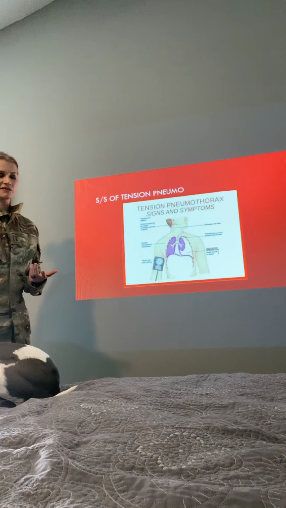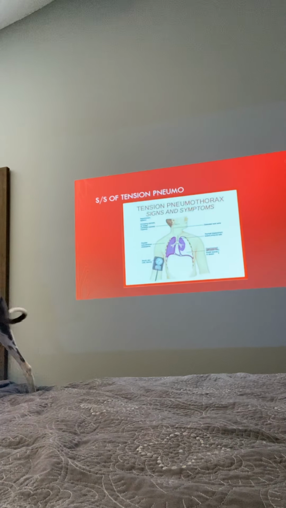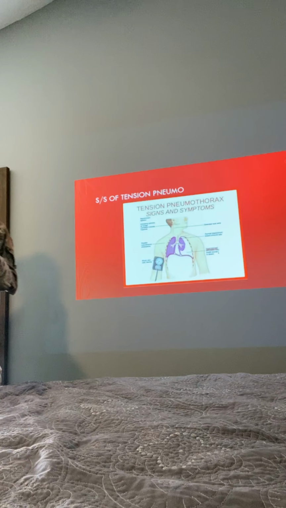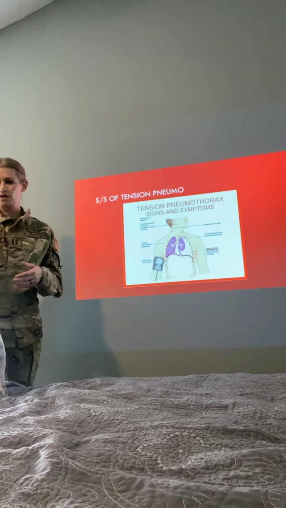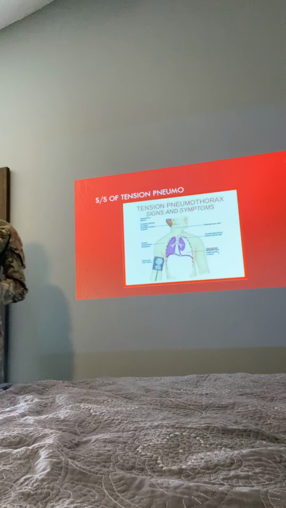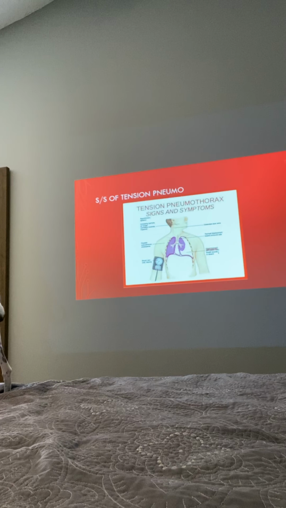So signs and symptoms of a tension pneumo, you get those distended neck veins, you can get tracheal deviation. That tends to happen a little bit lower down in the mediastinum, so it's not always visible, but I have seen it to where it is actually very visible too, so if that's something that you ever notice, that's obviously very concerning.